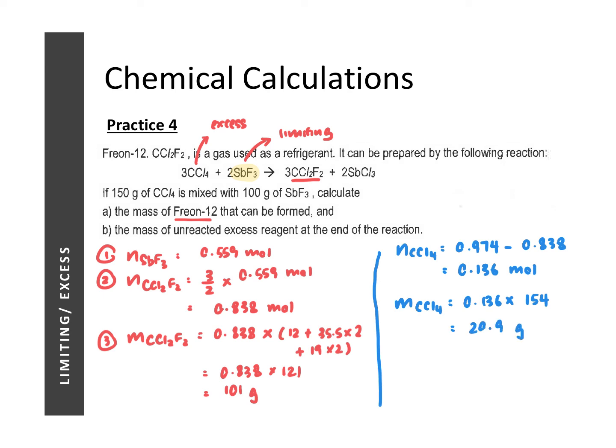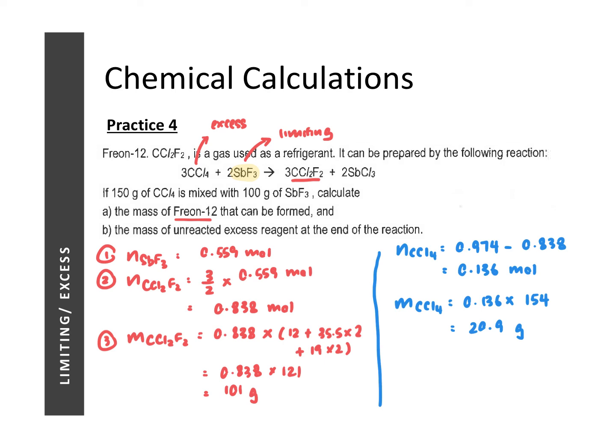So once again in this lesson, we are looking at a specific type of chemical calculation questions, which is the excess limiting type of question. In the excess limiting type of question, we must first convert or find number of moles of both reactants, and we need to pick one reactant and using mole ratio of the both reactants to find the number of moles of the other reactant needed.